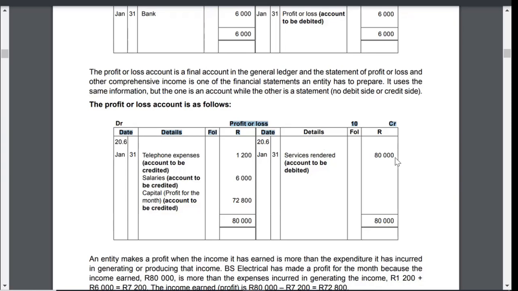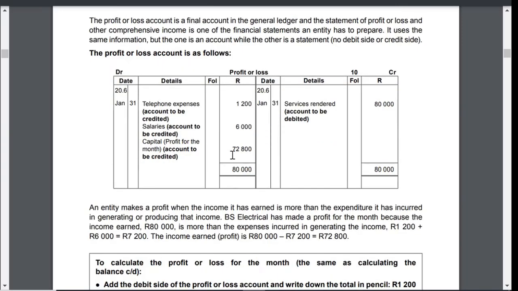So in this case, the income was 80,000 minus 1,200 for telephone minus salaries. How much is the profit? 72,800.